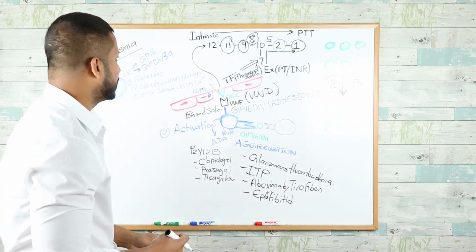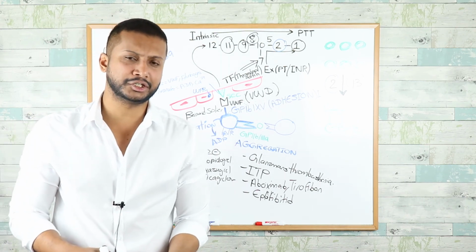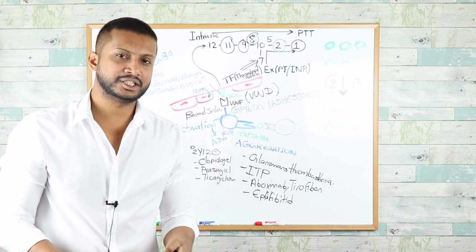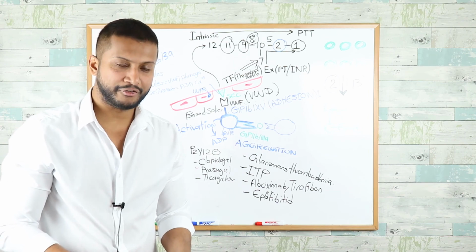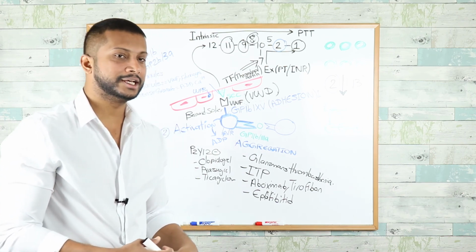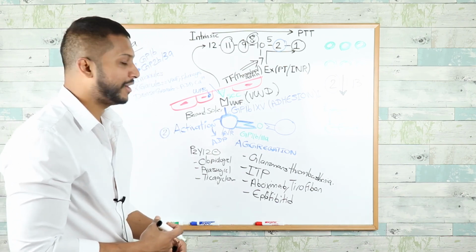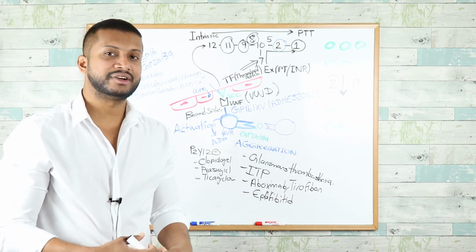And what about medications? Do we use medications that actually affect factors 2, 7, 9, and 10? Yes, there is. It is known as warfarin. Warfarin is going to affect the function of 2, 7, 9, and 10.